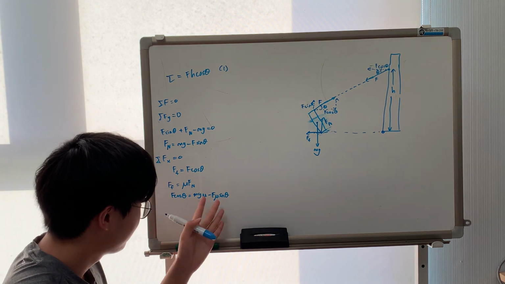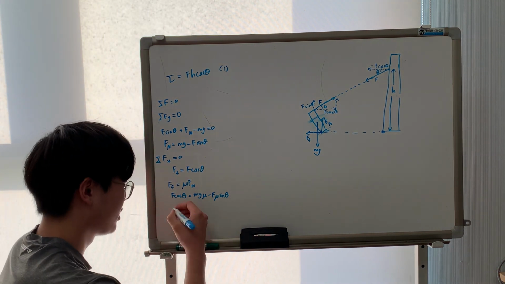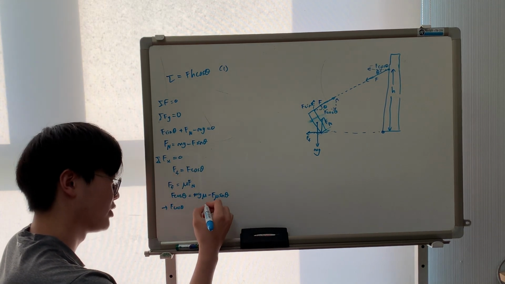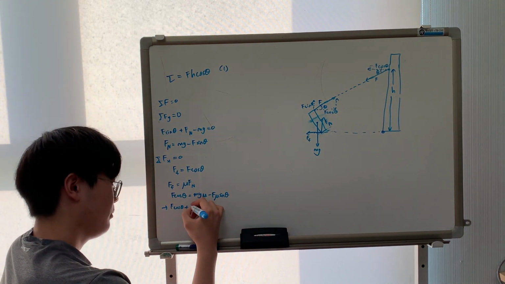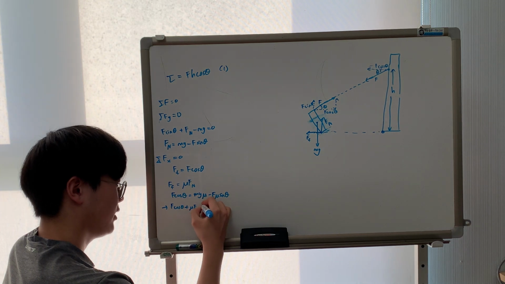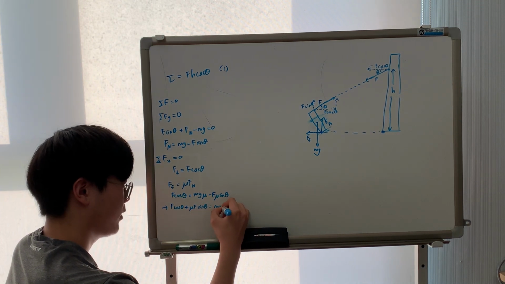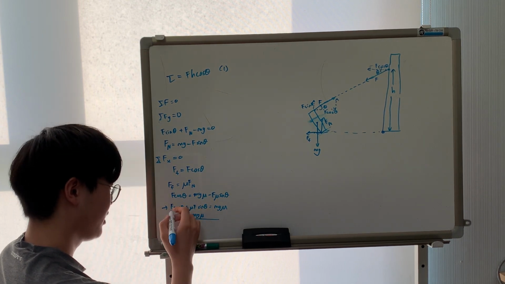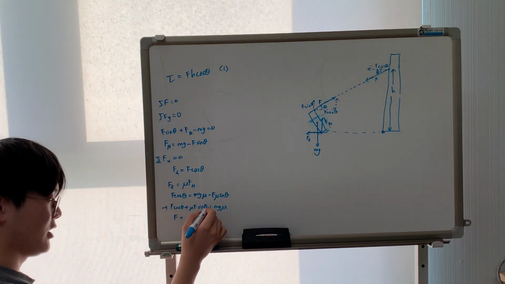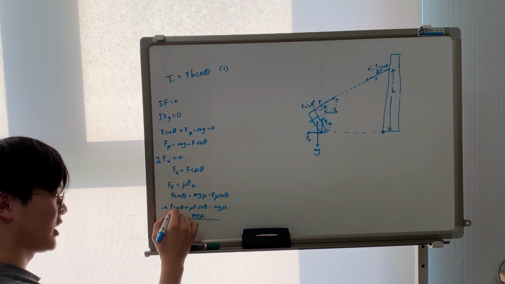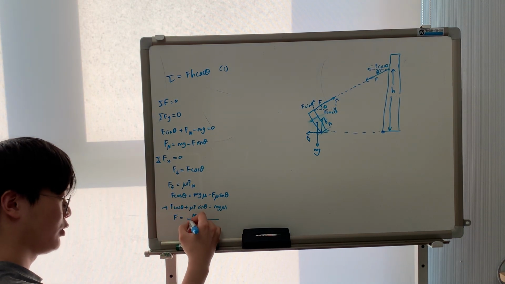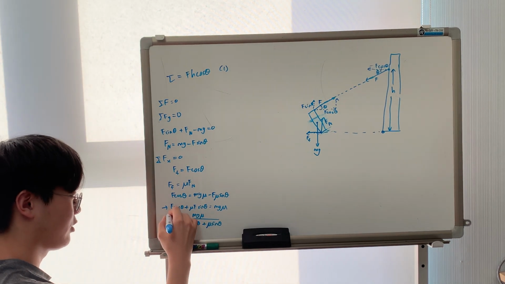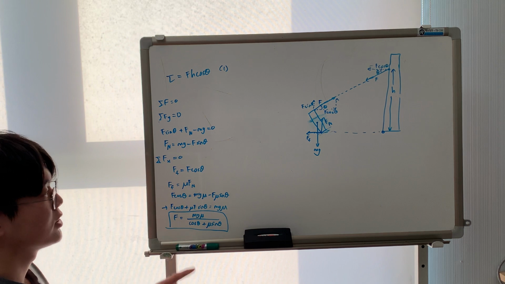To do that, we have to rearrange this in terms of F. F cosine theta plus mu F sine theta is equal to mg mu, which means that F is equal to mg mu divided by cosine theta plus mu sine theta. So our value of F would be as follows.